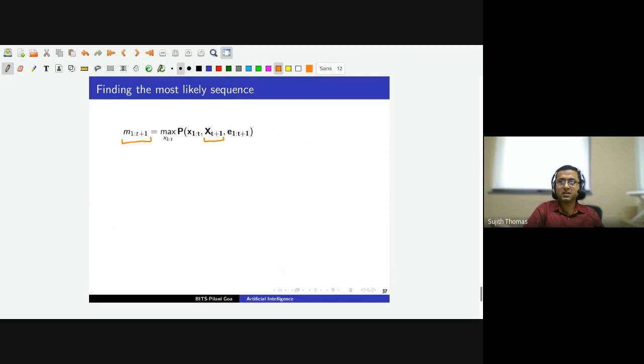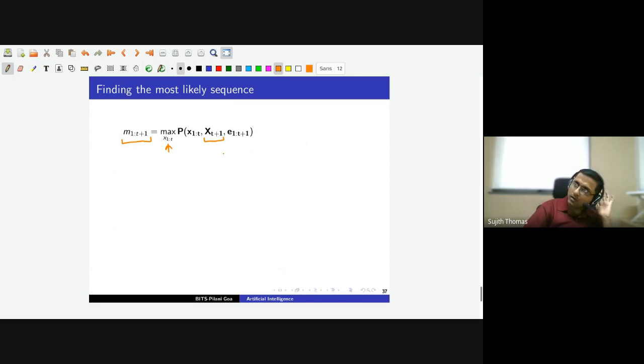So x t+1 true and x t+1 equals false. These are the two possibilities we find, and we maximize over the remaining variables. So remaining variables is all the variables from time step 1 to t. So over the remaining variables, what is that maximizes the joint probability for each of the two cases for x t+1. So that is the message. That is what we are maximizing.